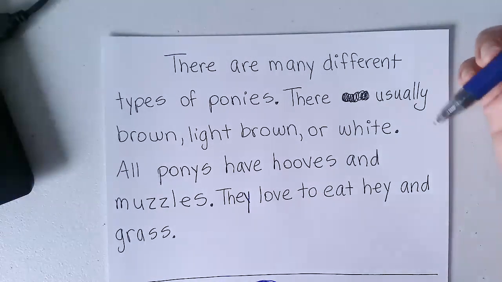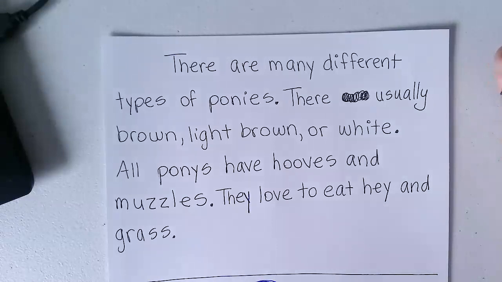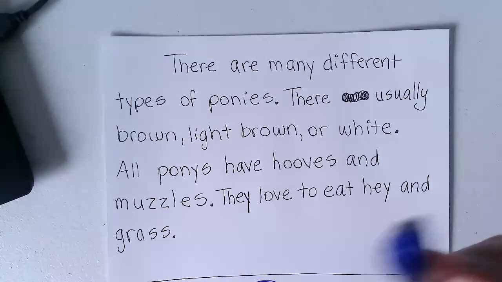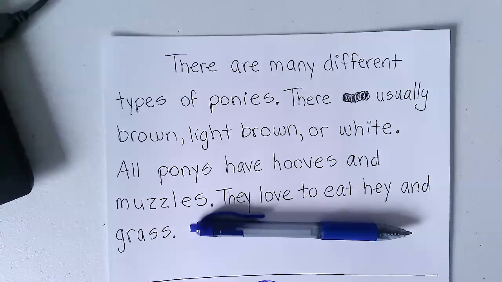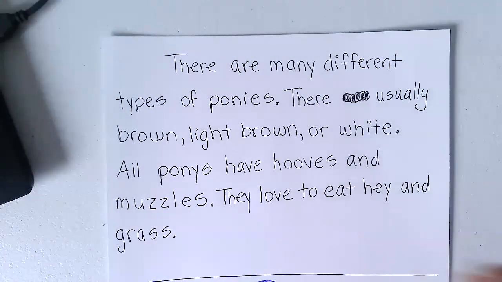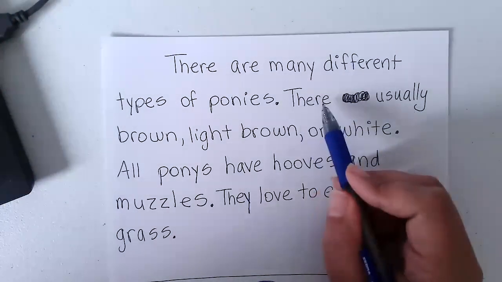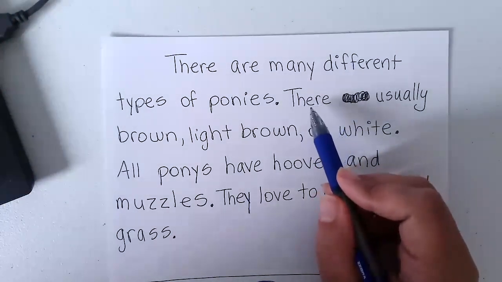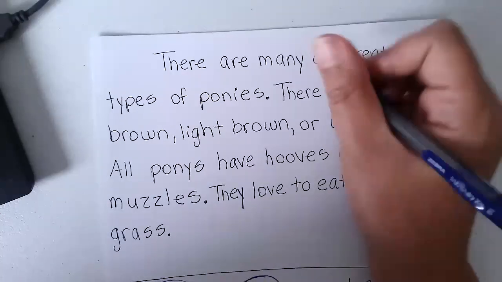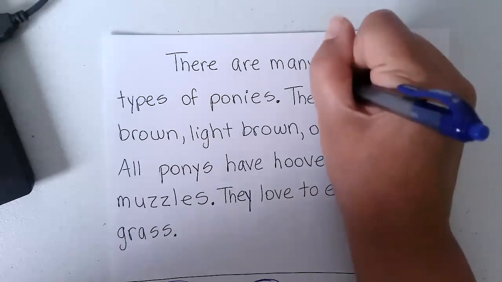Excellent. You've all written this. Now I would like anyone who's at home or in a classroom or on Zoom, go ahead and raise your hand if you want and tell me what you think. Where are the mistakes? What are the mistakes? Excellent, excellent. Okay. They're usually, this there should be short for they are usually there. So it should be the contraction there.